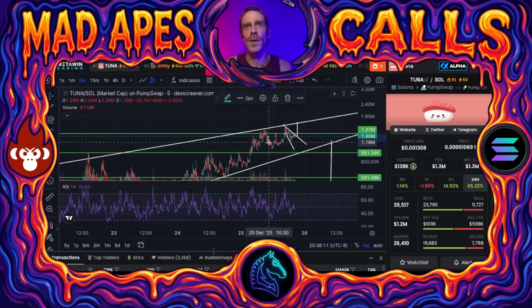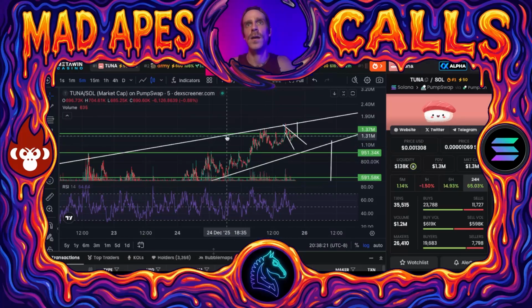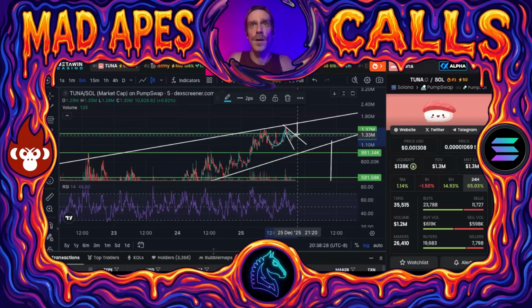And here, we got a double bottom. That's a bullish pattern, which already broke out. You can see it shoots up the height of the bottom part of the structure, which it did. This could also be a cup and handle forming. If this does that breakout up to here, that would be a cup and handle right here.